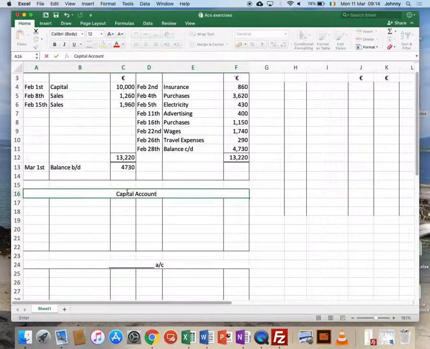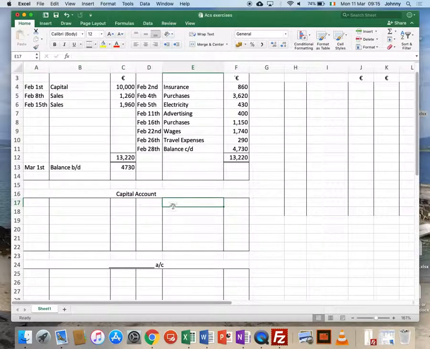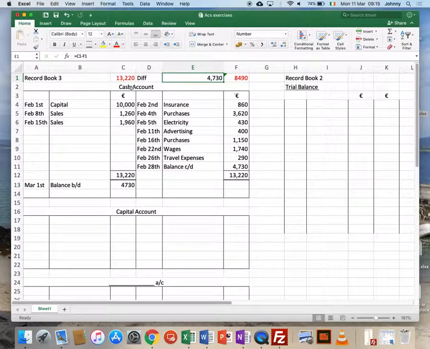Because I have a debit in the cash account for capital, in the capital account I'll have a credit, and the words I put in details is the name of the other account. So the other account that we had here was called cash. So in capital I'll put cash, and I'll put the amount of money 10,000.